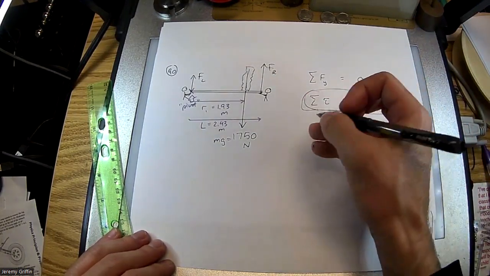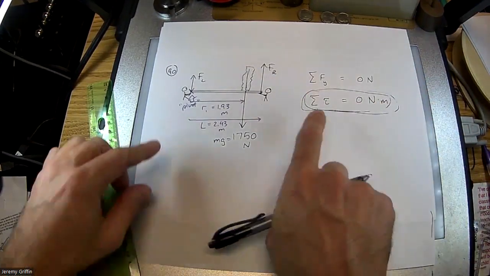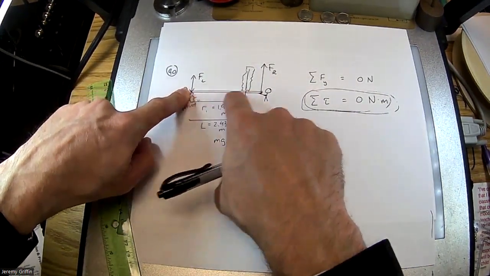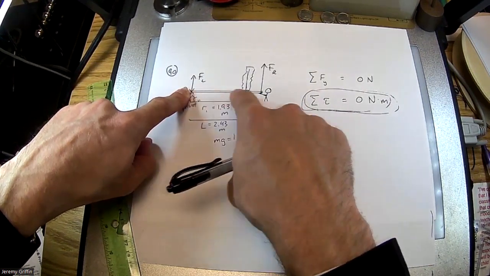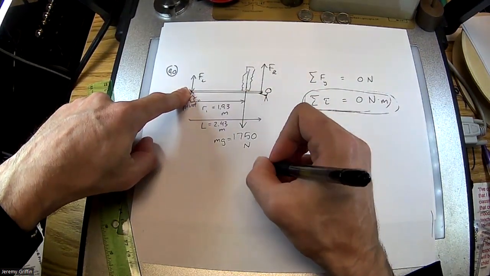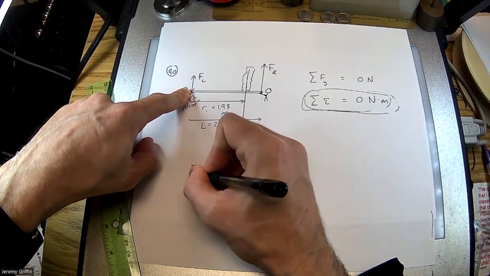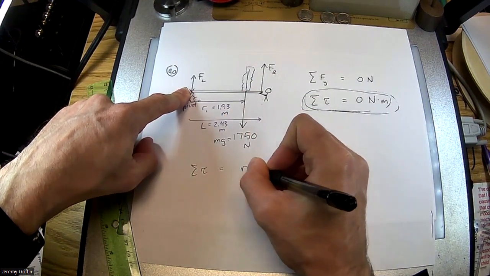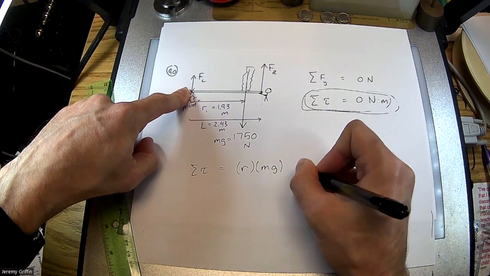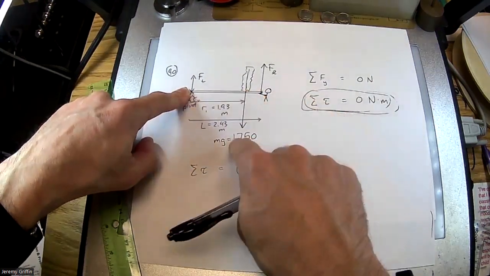I'm going to say the sum of R cross F. So from this pivot point, I've got R cross F caused by the topsoil, say let's go clockwise. So the sum of torque equals R cross F, that's mg of soil. Maybe I'll call clockwise negative.